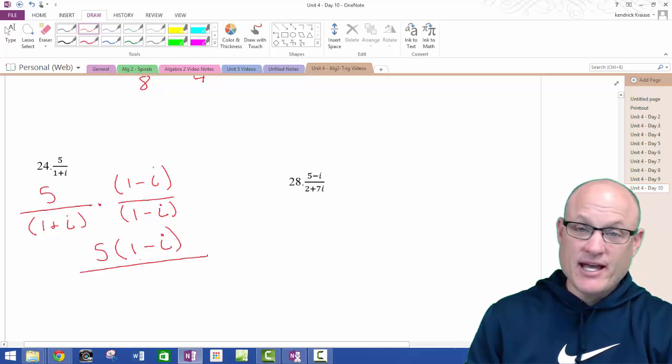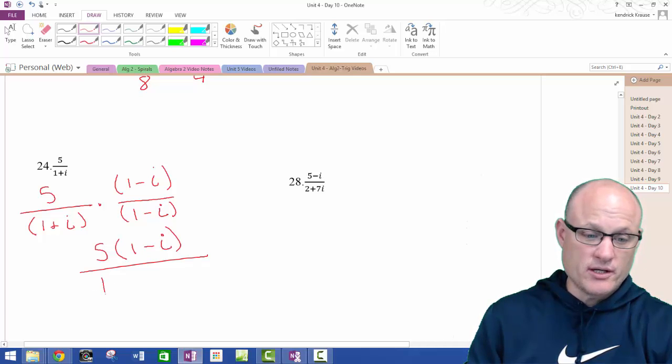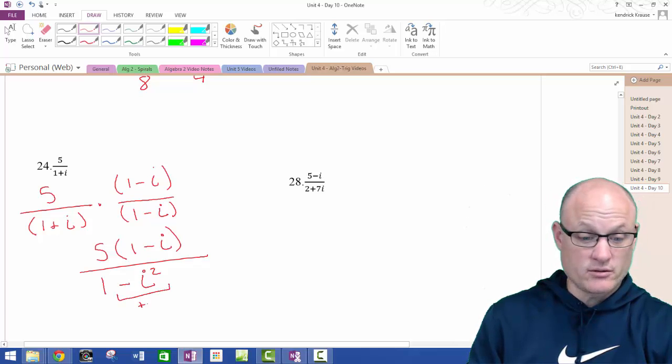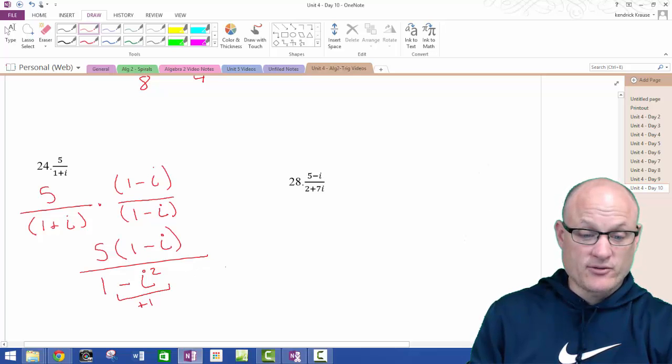Now the denominator, again, because they're conjugates, you don't have to do all of the double distributing. I can just do 1 times 1, which is 1, minus i times negative i is negative i squared. Well, negative i squared, isn't that negative times negative 1, which is really a plus 1 here? So my final answer is 5 times 1 minus i over 2.